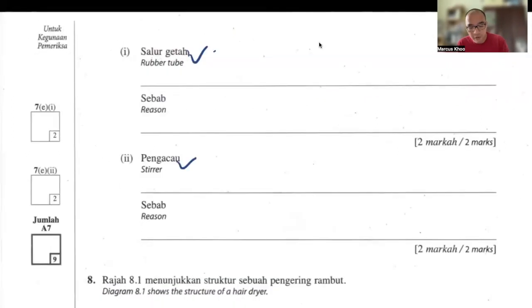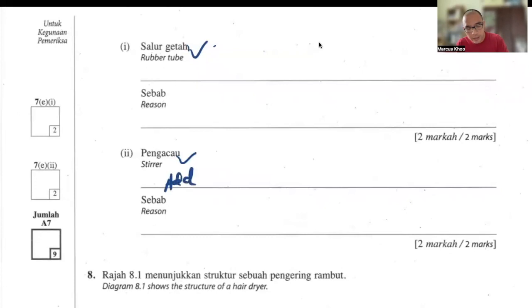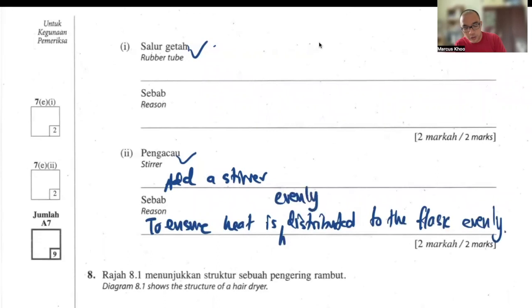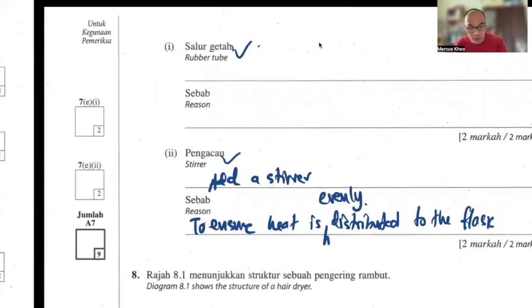So I'm going to talk about the stirrer first. Add a stirrer, or use a stirrer, to stir this. The point of a stirrer is to ensure the heat is evenly distributed to the flask.